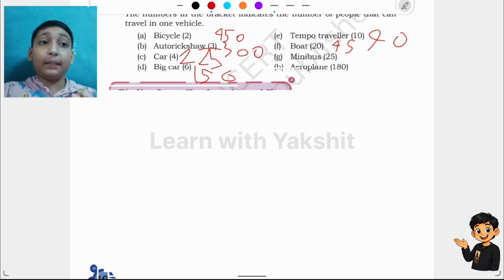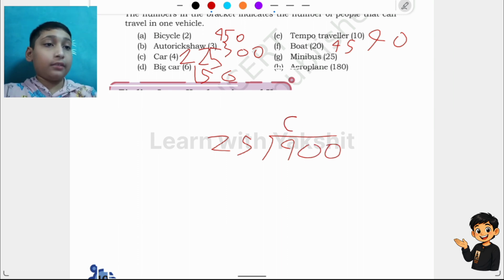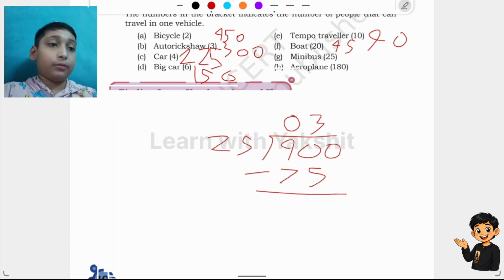Next one is a mini bus. In that, we divide that 900. Then we can see that if we put a 0 there and then a 3 there, we have to divide it by 90 only. 75, that is equal to 10, that becomes 10, and then that 5, the 9 becomes 8, then minus it 15.